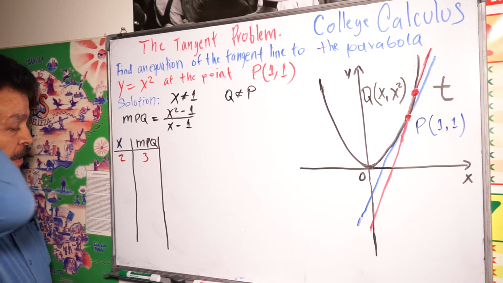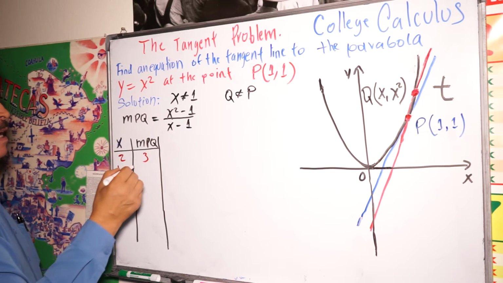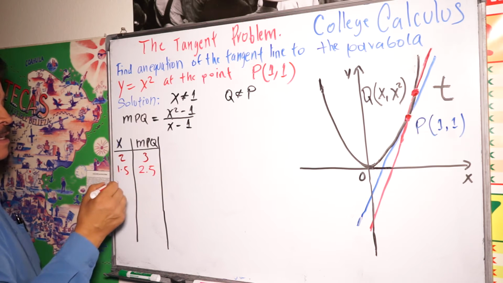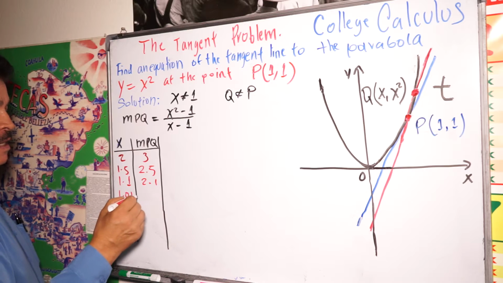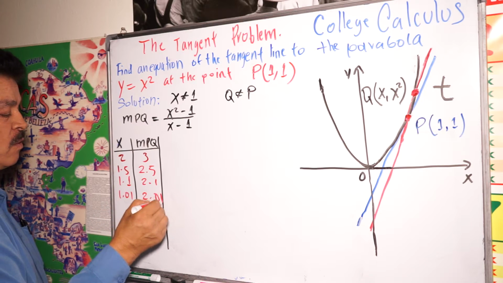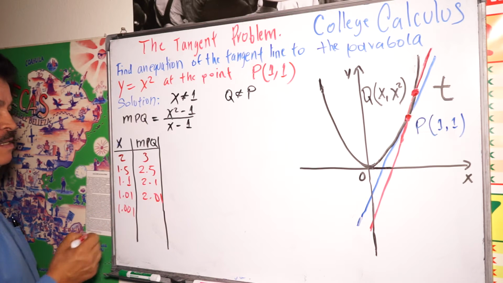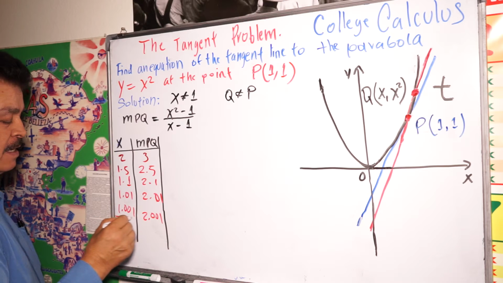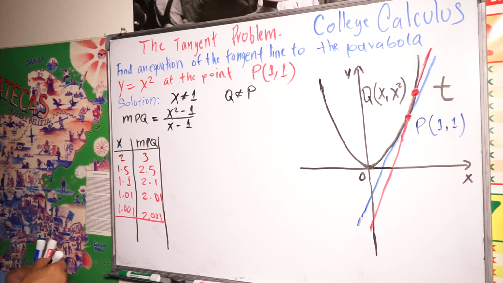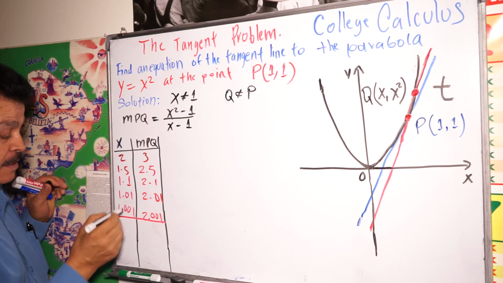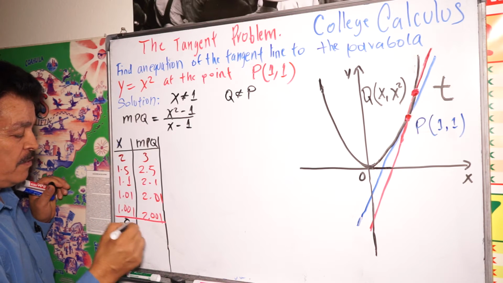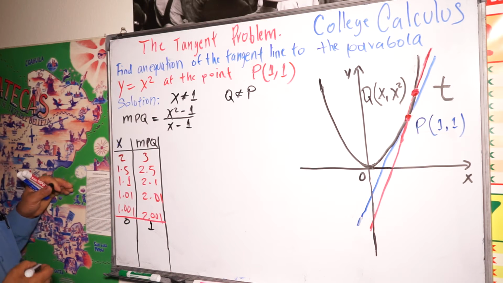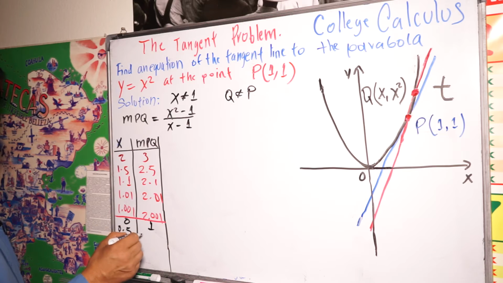Then you make it smaller: 1.5, then 2.5; 1.1 gives 2.1; 1.01 gives 2.01; 1.001 gives 2.001. Then use different numbers: 0 here, and then 1, for instance. The next point, 0.5, gives 1.5.